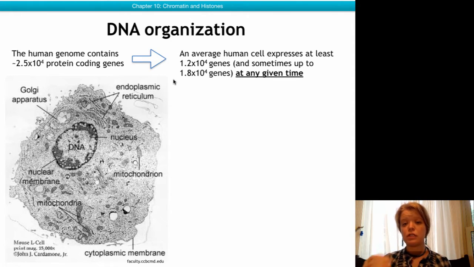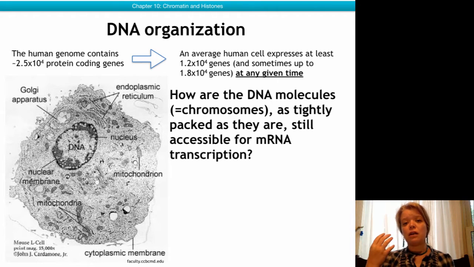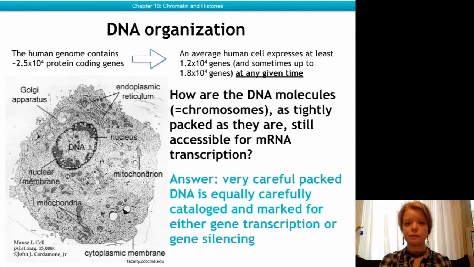So the DNA cannot just be highly compacted to fit into the nucleus. It also has to be in some way accessible so that the mRNA transcription machinery can go into the different regions of the chromatin and copy the correct instructions to be made into protein.